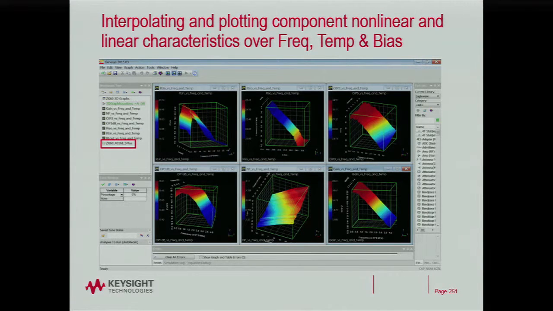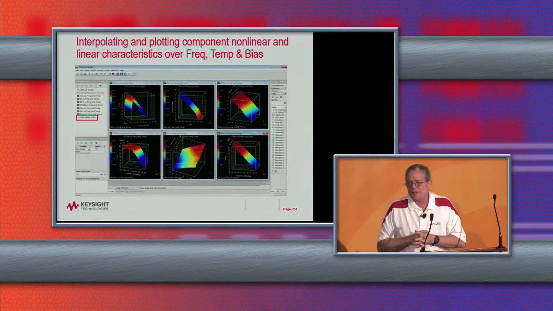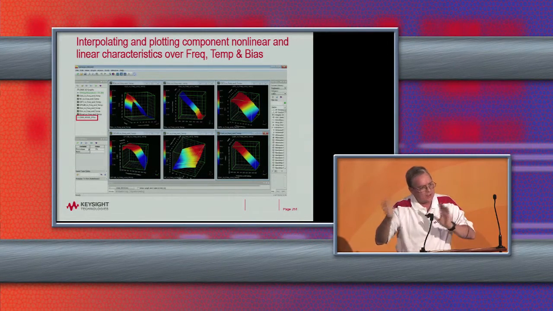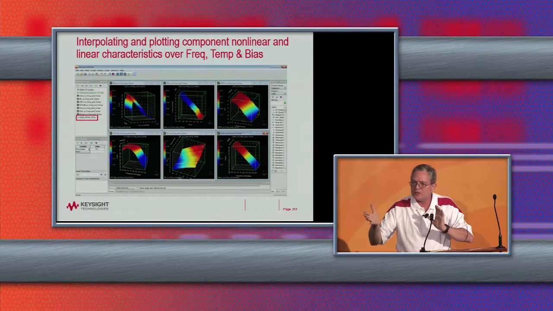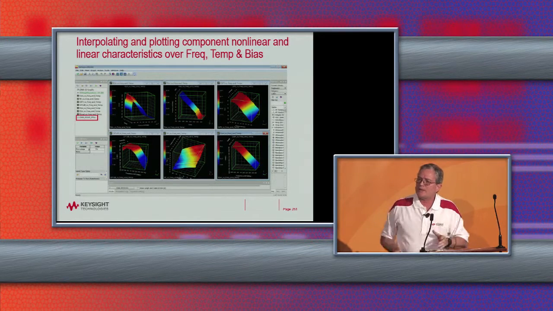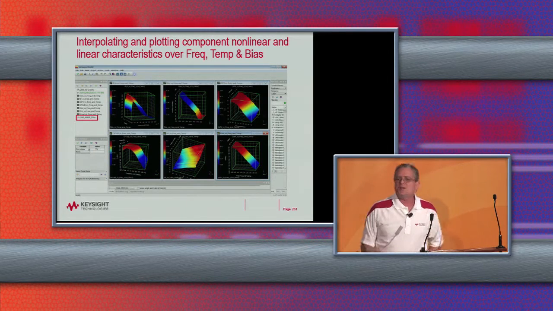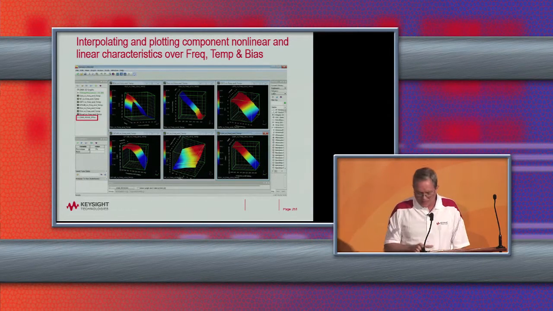And what we do internally is we have a multi-dimensional interpolator. So if you want to look at this at a certain temperature or a certain voltage, we get the frequency slice for that particular operating condition, and we use that internally in the simulator, and it's all automatic. Intermods and so forth will automatically come out at the right amplitude.